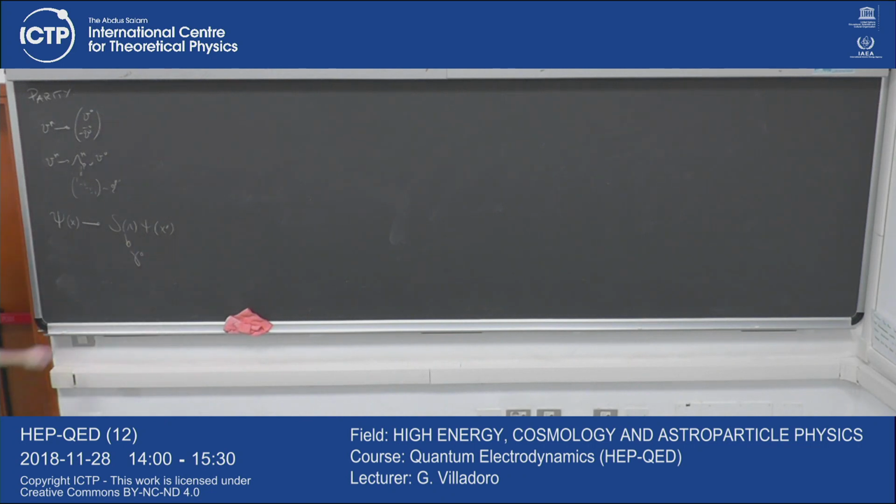In fact, you remember that you want S minus 1 gamma mu S to be lambda mu nu gamma nu, which is lambda mu nu of parity times gamma nu.